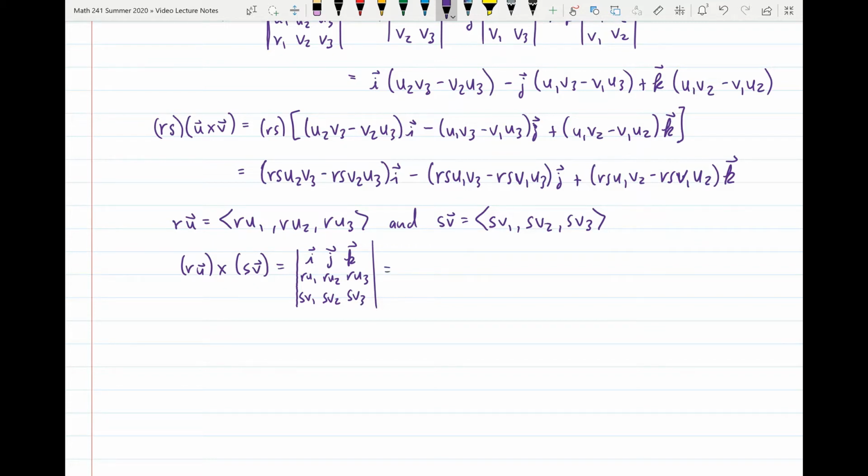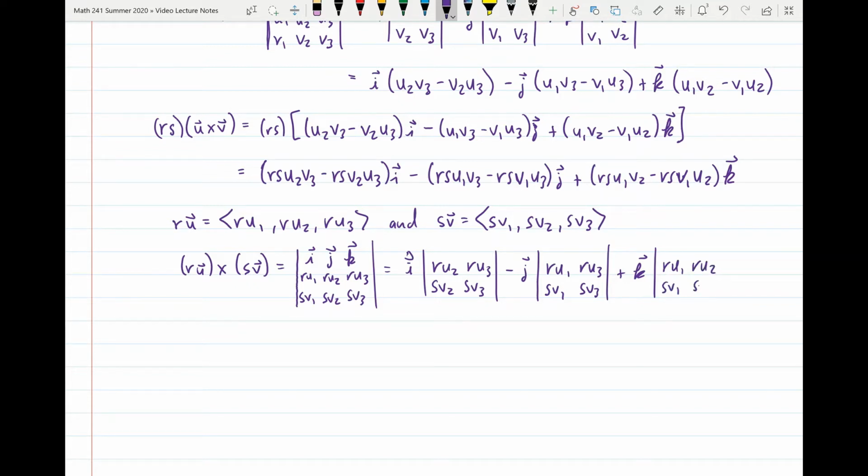And we find, let's see, we have i times the determinant of ru2, ru3, sv2, sv3, minus j times the determinant of ru1, ru3, sv1, sv3, plus k times the determinant of ru1, ru2, sv1, sv2.